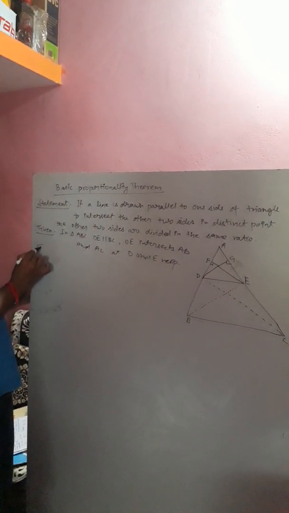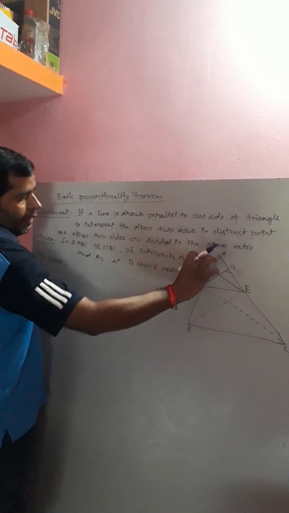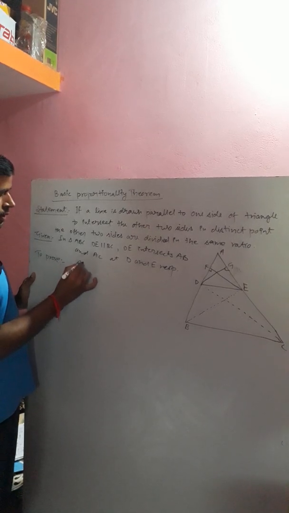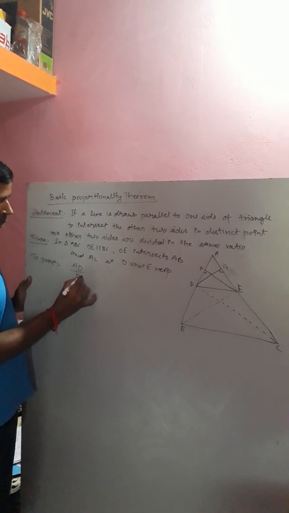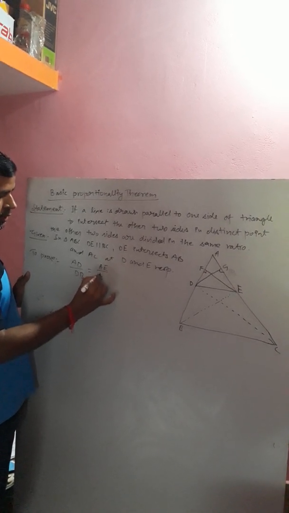Now to prove: we have to prove AD upon DB equals AE upon EC.